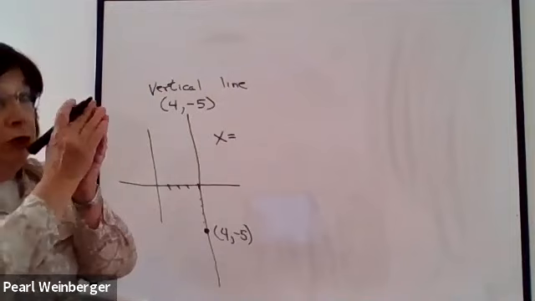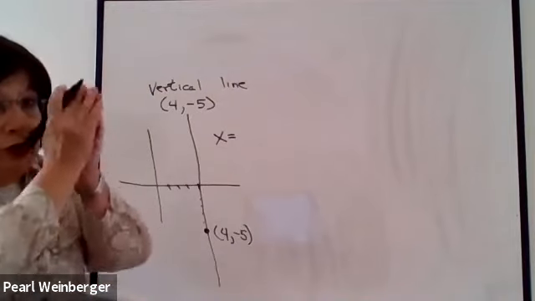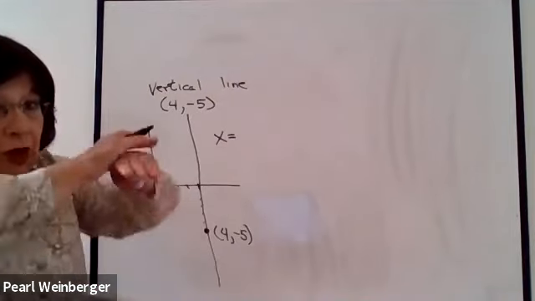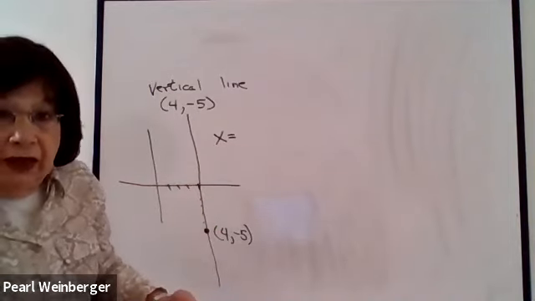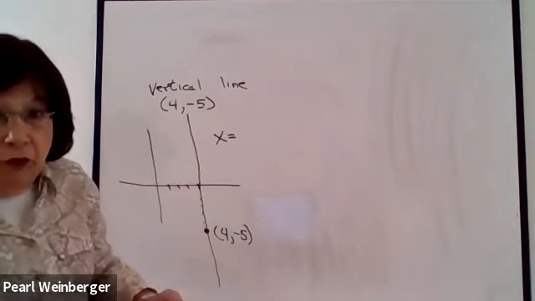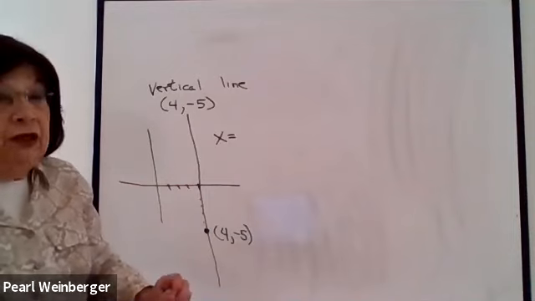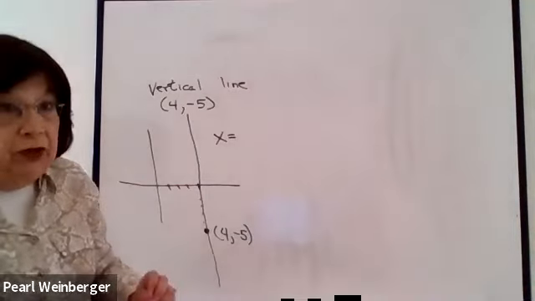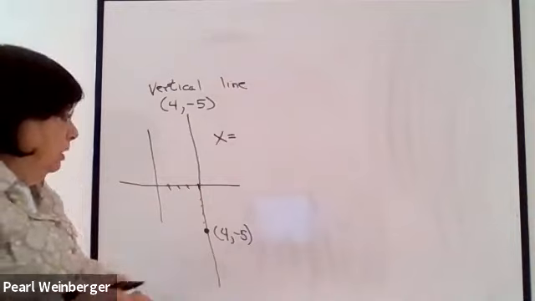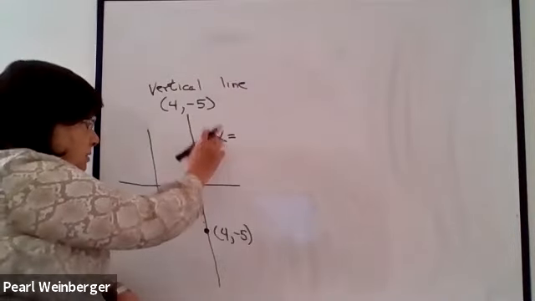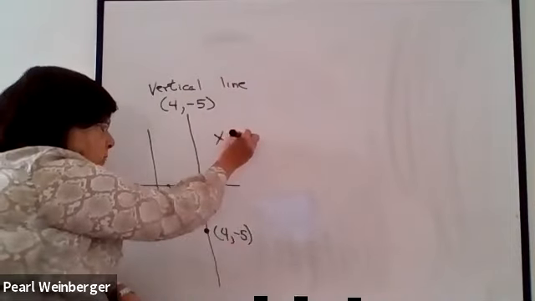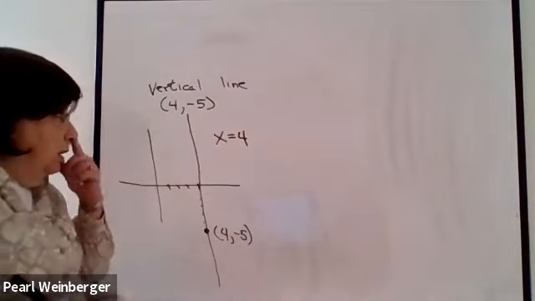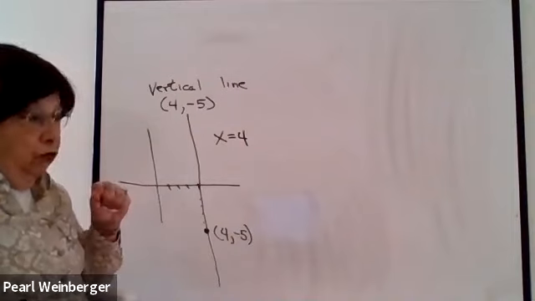Vertical lines don't have any y in their equation. They just have x equal a number. Horizontal lines don't have any x's in their equation, they just have a y. As long as you remember them, they're really the easier equations to write. In this case, since I know x equals a number, I just look at the x value. It must be that the equation of this line is x equals 4.